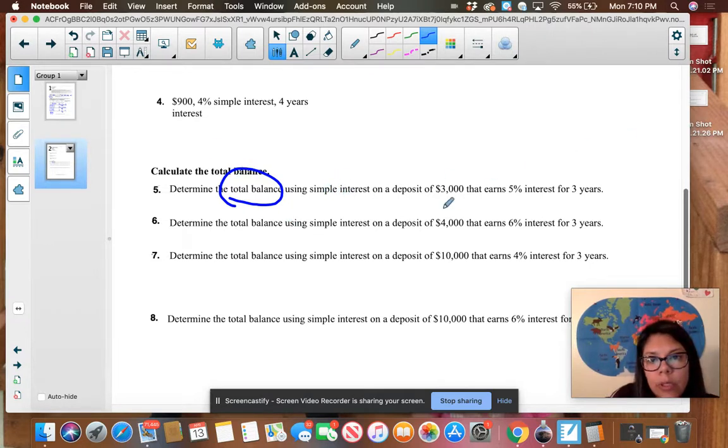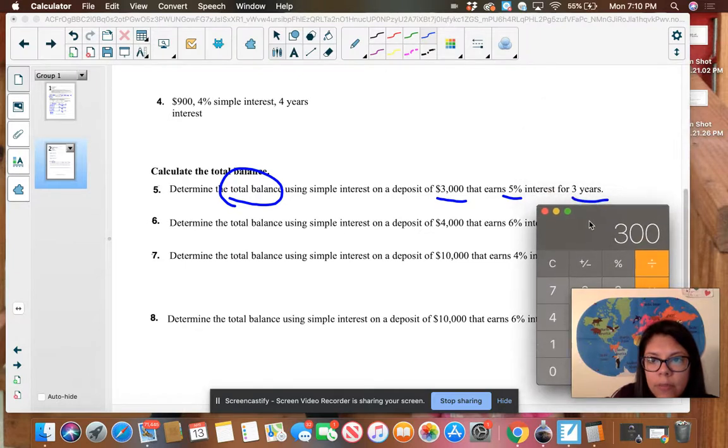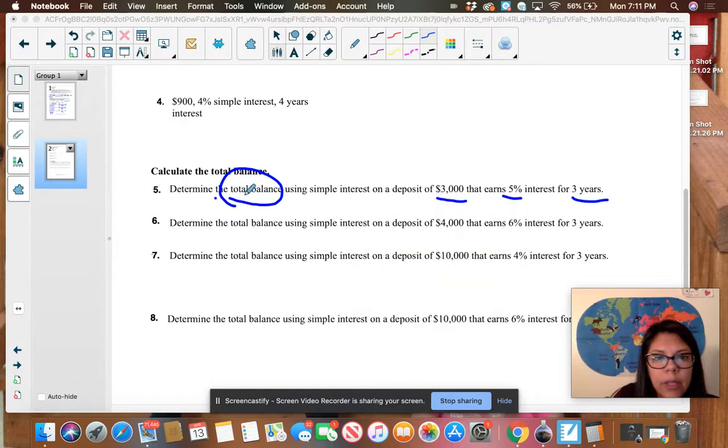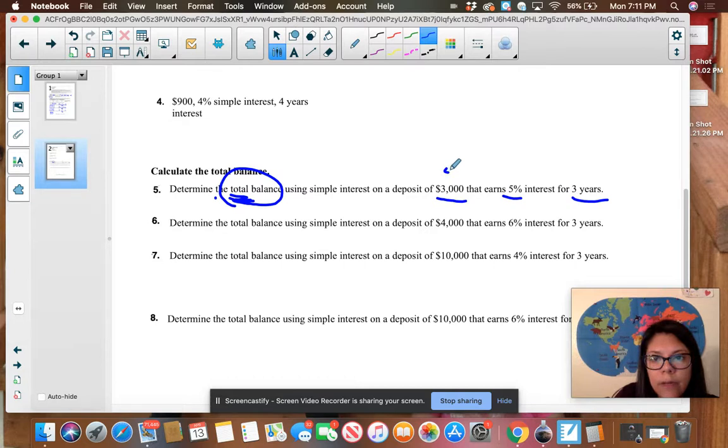Using simple interest on a deposit of $3,000 at 5% for 3 years, we multiply those three things. 3,000 times 0.05 times 3 gave me $450, but the question says total balance.